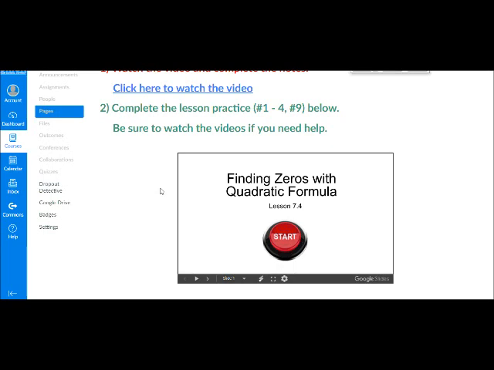Okay, so the activity follows this. This should be done in your notebook on the page listed. You should have a page listed here now. It's not up right now because I have to look it up and add it. But it should be listed here somewhere on your screen. That's the page that you want to do your practice 1 to 4 and number 9. That's it.